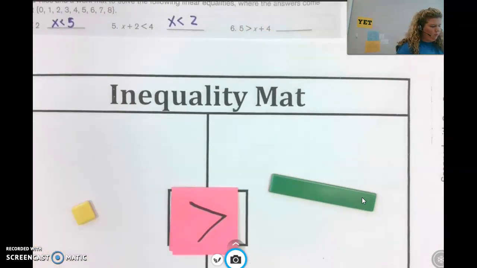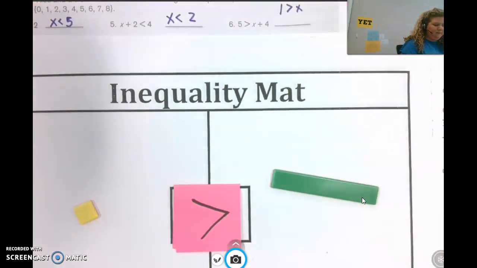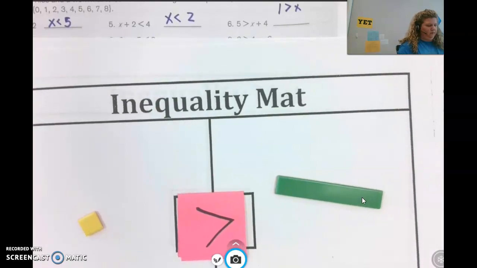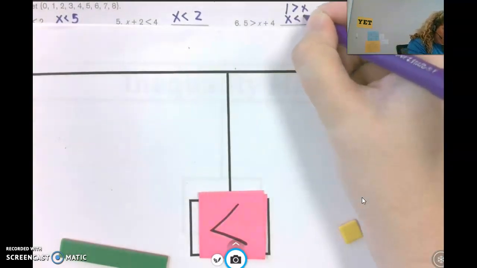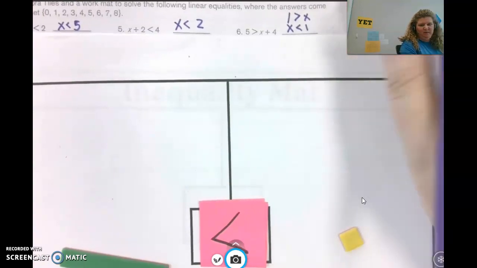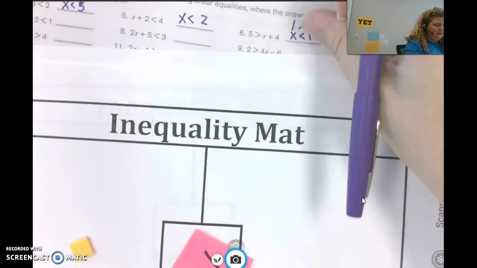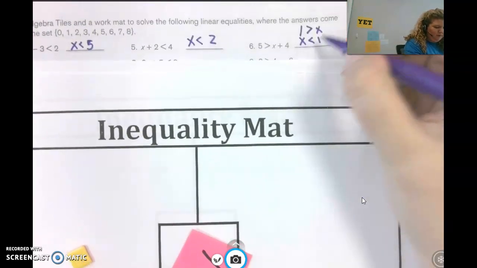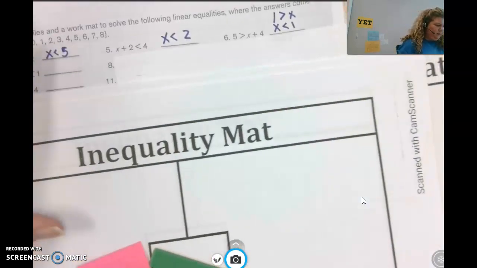And that shows me that 1 is greater than x, or I like for the x to be on the left. So x is less than 1. These are the same. They're both correct. I feel like this bottom one here is more of a standard form.